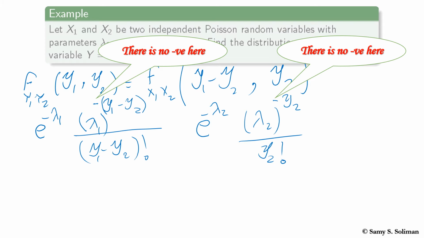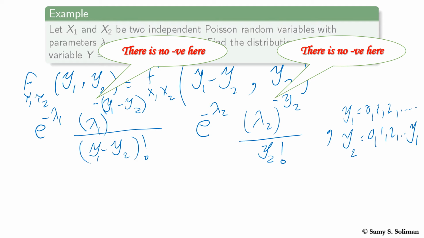So this is the joint probability of y1 and y2, where y1 equals 0, 1, 2, 3, and so on till infinity, and y2 is equal to 0, 1, 2, and so on until y1.